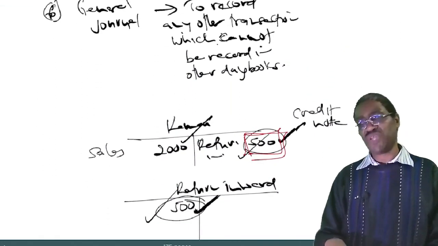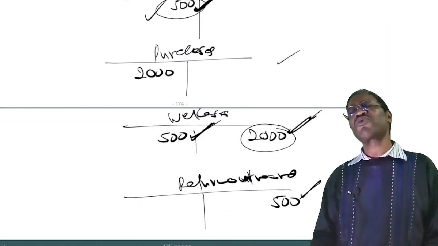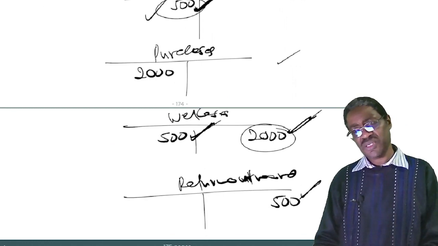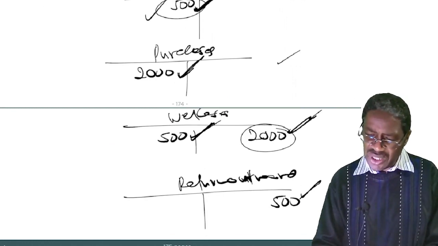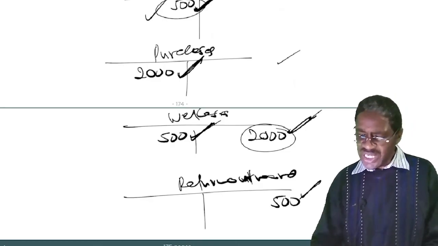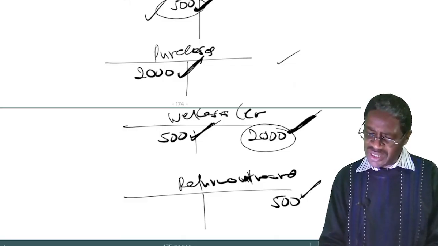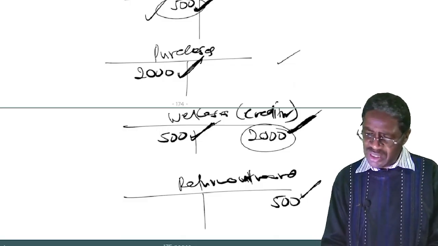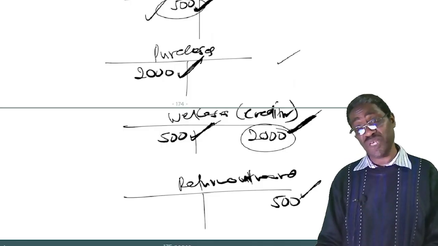But before we do that, when you purchase goods on credit from Wekesa worth 2,000, I showed you here, you debited purchases and you credited creditors. Why? Creditor is a liability. This is a creditor called Wekesa. Your liability to him went up when you purchased goods on credit from him.